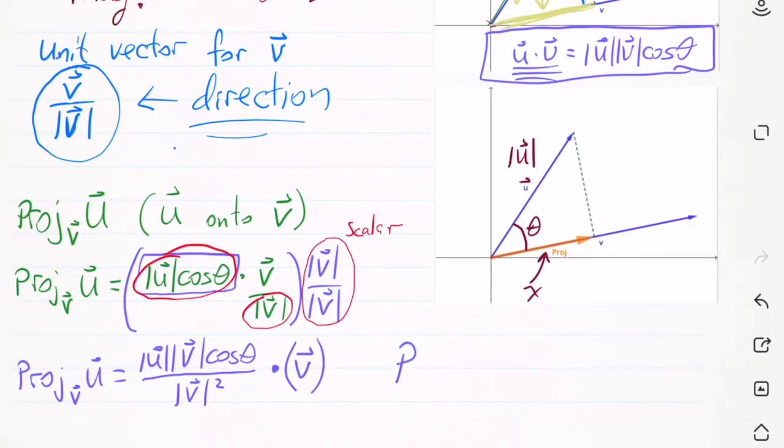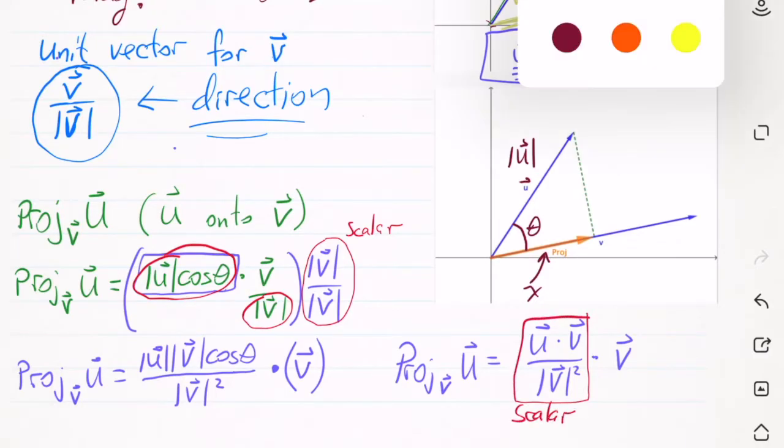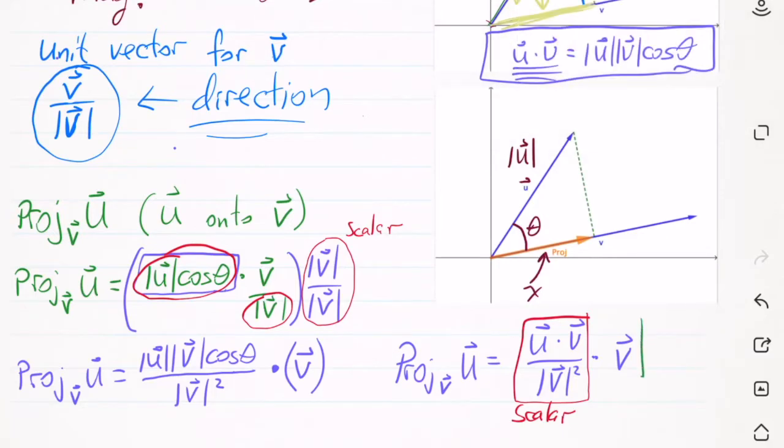So my final formula is the projection of u onto v is equal to u dot v all over the magnitude of v squared times the vector v. So remember, this is a scalar, and the other one, this over here, is your vector.